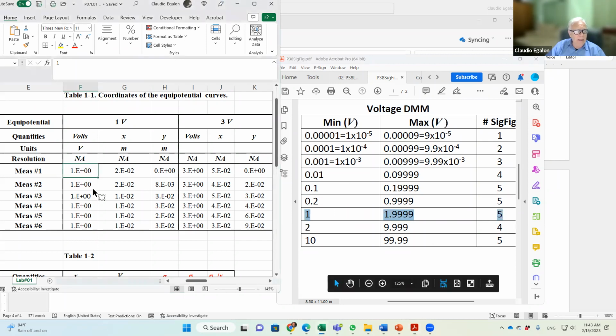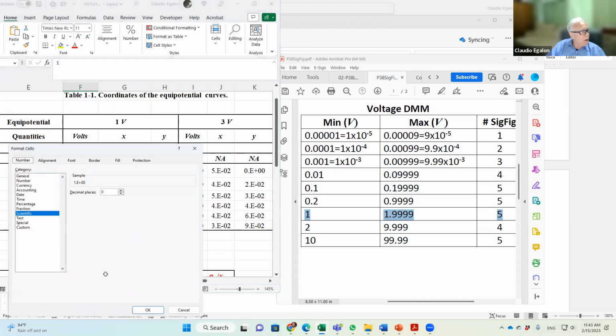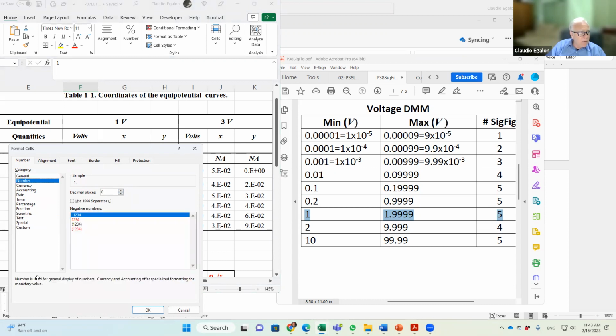So how do I fix that? Right now I have only 1 significant digit because it is in the scientific format. So what do we do? We must have 5 significant digits here. We go to format cell, and in order to display this value with 5 significant digits, let's follow. I change it to number.